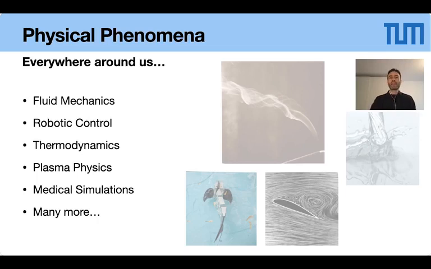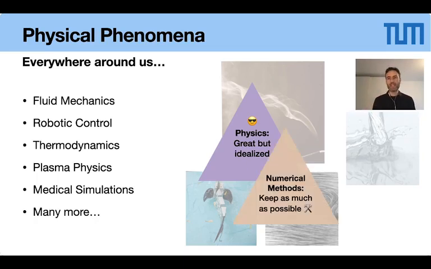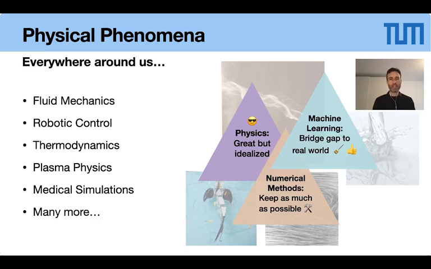And this is what I want to focus on in the following in the context of differentiable simulations and deep learning. And I want to take a fairly pragmatic standpoint here. So basically using these physical laws as a starting point, also keeping all the numerical methods that we have in the picture here. I think they're very powerful tools, but combining this also with machine learning techniques.